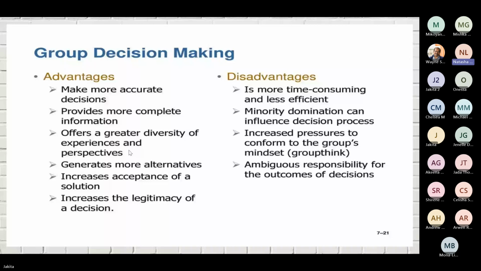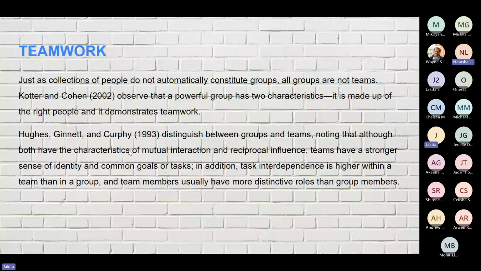On the other hand, some disadvantages of group decision making are: it's more time consuming and less efficient. Minority domination can influence the decision process. It can lead to increased pressures to conform to the group's mindset, better known as groupthink, or ambiguous responsibility for the outcomes of decisions.